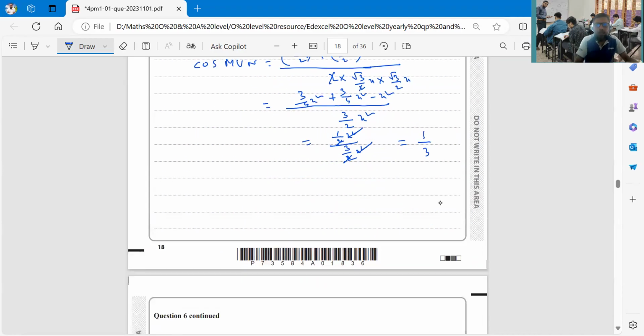Okay, and now you can make the angle MBN equals to cos inverse 1 by 3.